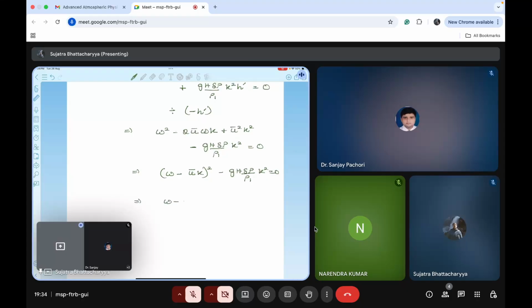Finally, (ω minus ūk) whole square is equal to gh Δρ/ρ1 k².